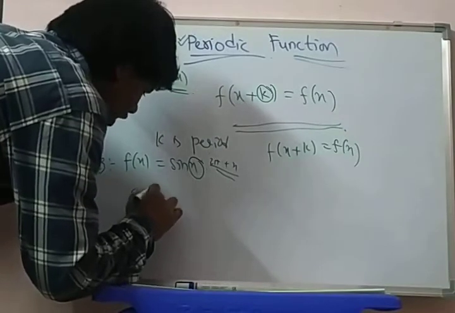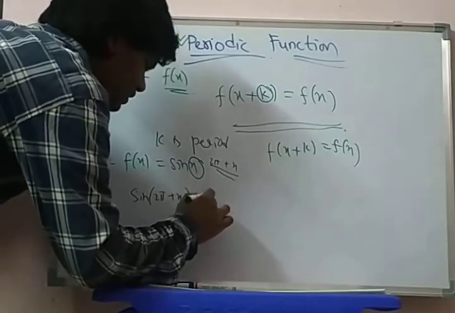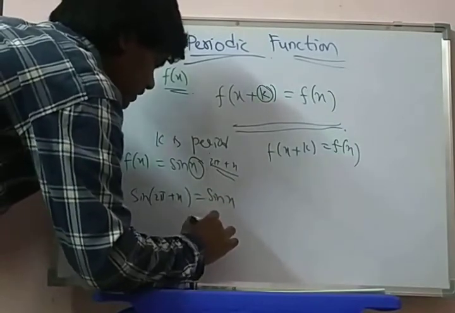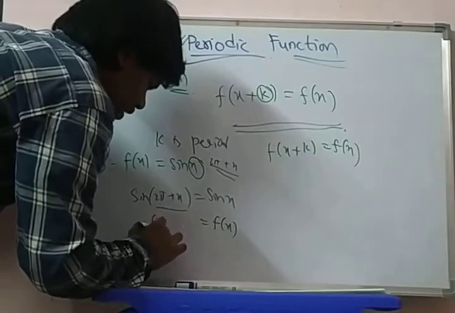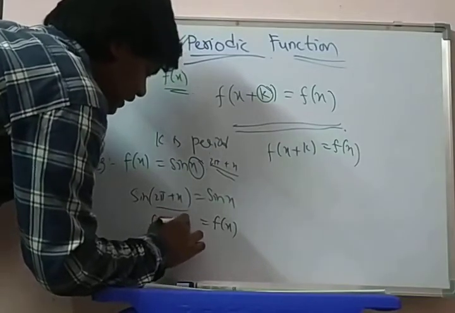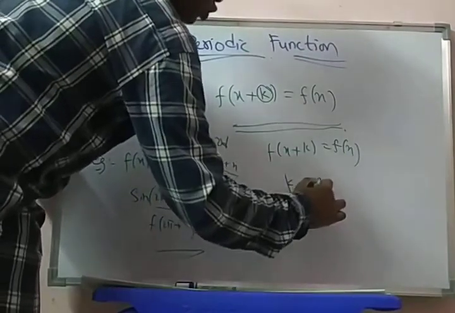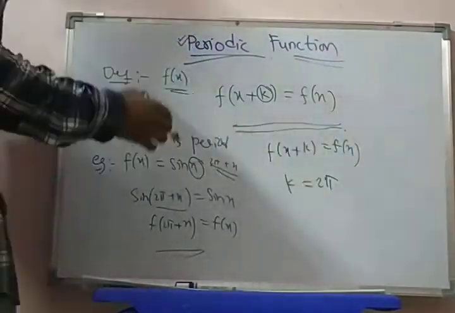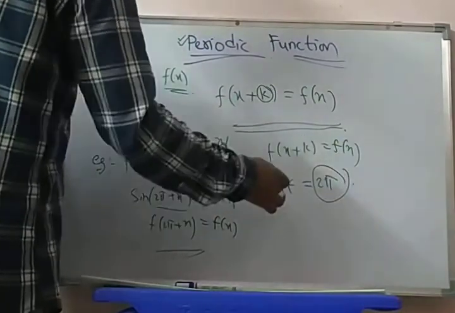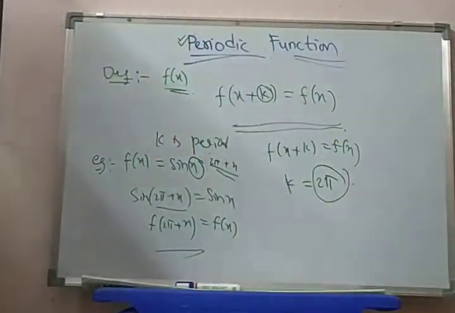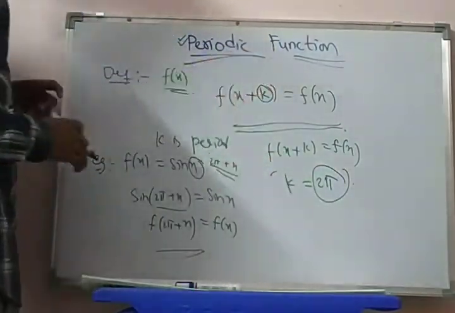Then sine of 2 pi plus x is equal to sin x. So sin x is f of x and sine of 2 pi plus x is f of 2 pi plus x. Here the k value is equal to 2 pi. Hence 2 pi is the period of sin x, both through the graphical way and through the theoretical way.